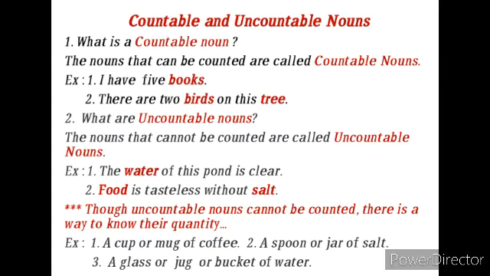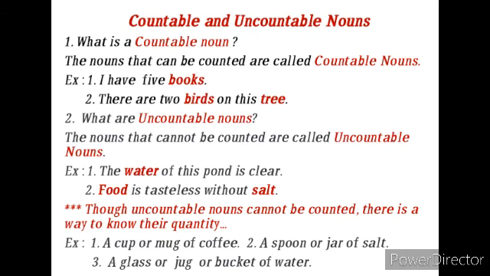Wow. Let's see how. Example 1. A cup or mug of coffee. Coffee cannot be counted unless it is put into a mug or cup. So when you put the coffee into a mug or a cup, the quantity of the coffee is a cup of coffee or a mug of coffee. Now let's come to example number 2.